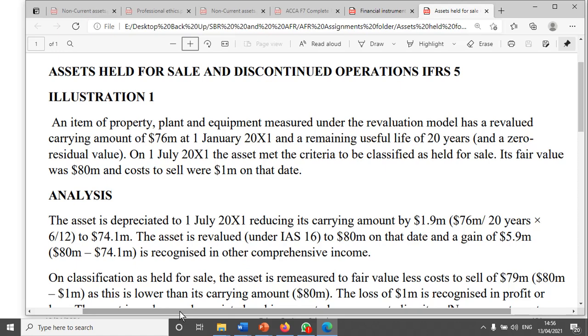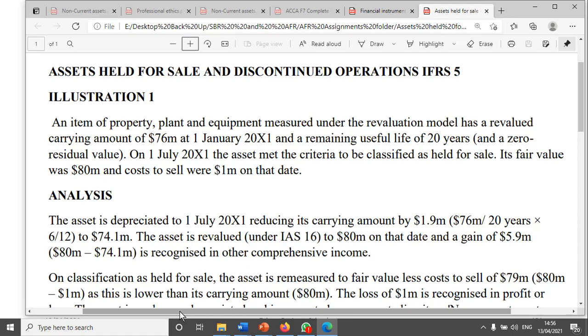Six months from the date when we started our financial year, on 1st July 20x1, the asset met the criteria to be classified as held for sale. Its fair value is now judged to be $80 million, and the cost to sell is $1 million on that date, meaning that the net realizable value in this case is 79.